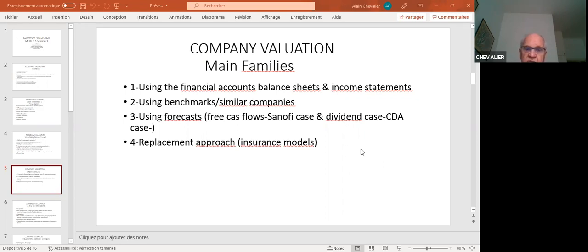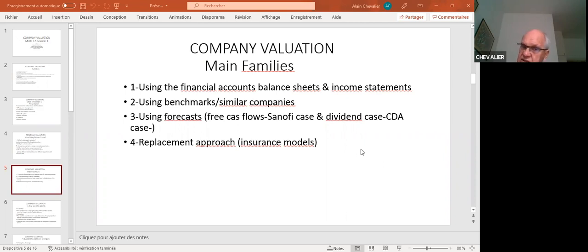And the fourth one is the replacement approach. The replacement approach is mainly used by insurance companies, because what they have to pay, if there is a fire, as I mentioned a few minutes ago, is the replacement value of the company, of the factory, of the headquarters, and so on. So insurance models of valuation are based on the replacement approach, and the calculation of the premium to be paid by the insured companies is based on these models.